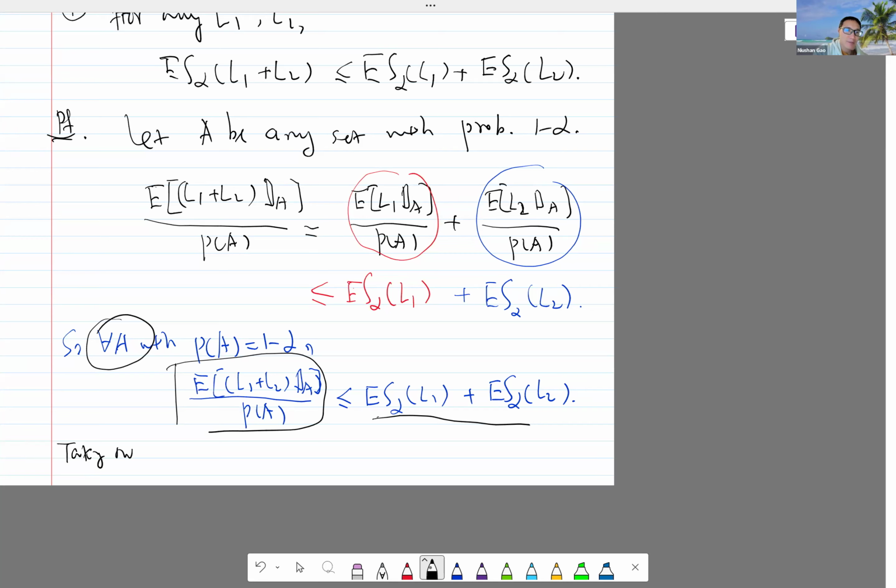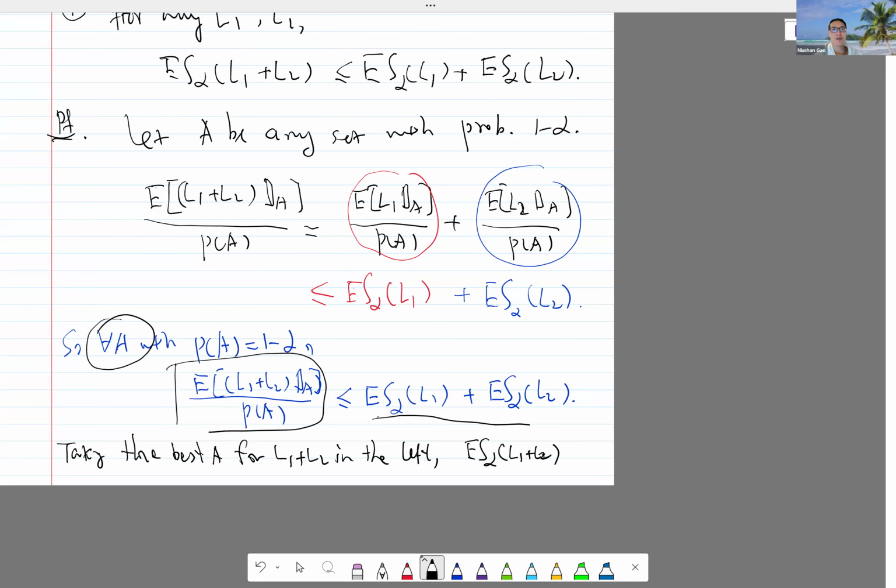Taking the maximum, taking the best A for L1 plus L2 on the left, what do you have? The left will just be equal to the expected shortfall of L1 plus L2, right?